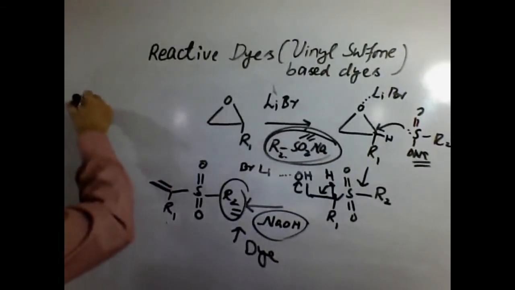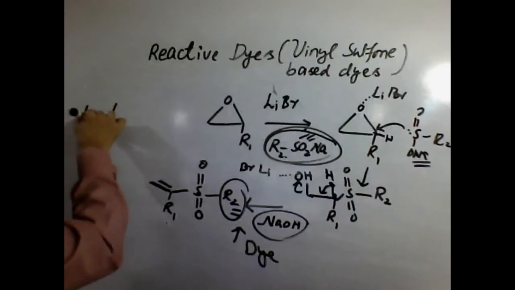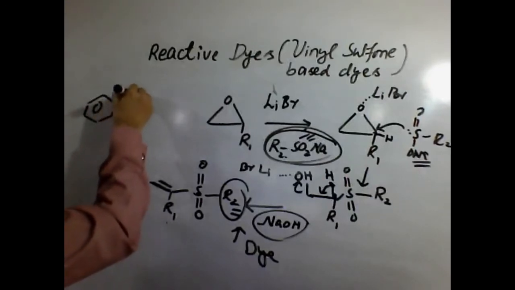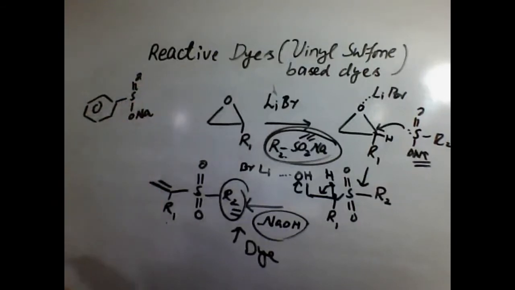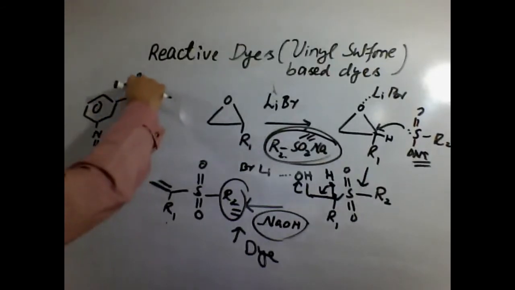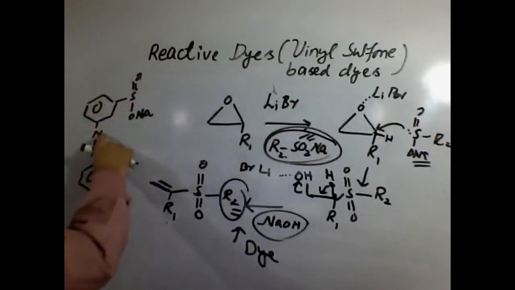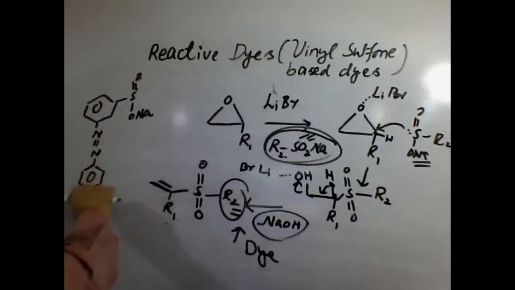Let's say we have this sort of a molecule. It's a vinyl sulfone-based azo dye, an acidic azo dye, because this is an acidic group present on the dye, and this is an azo group. So this will be a dye.